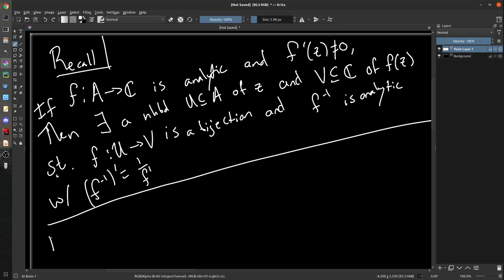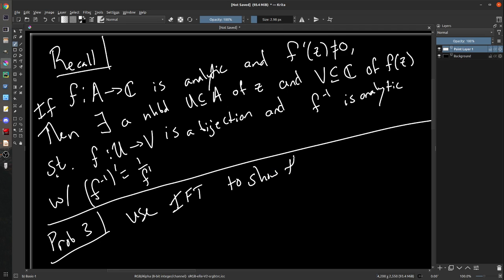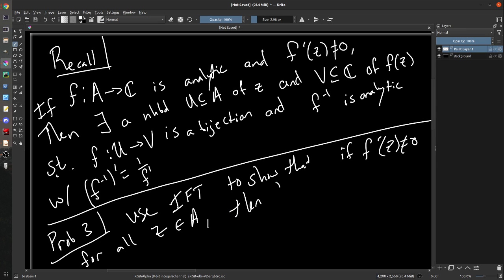Problem 3 says this: use the IFT to show that if f prime of z is not equal to 0 for all z in A, then f sends open sets to open sets.